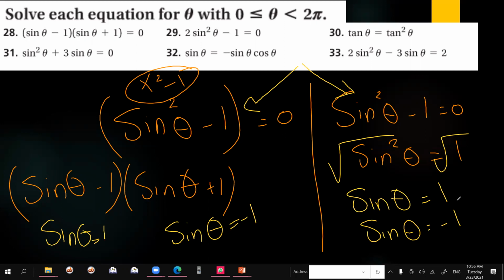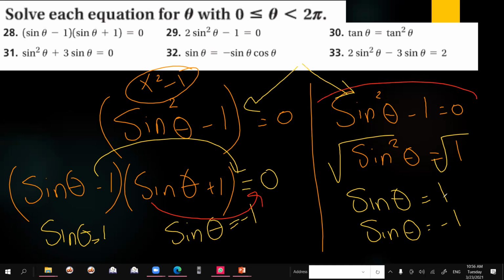I'm just here to tell you that if you have sine squared of theta minus 1, how do you solve it? It's clear. You can factorize it, and it's equal to 0, so the first part will be 0 or the second part will be 0. Or if you have sine squared of theta minus 1, so sine squared of theta is 1.